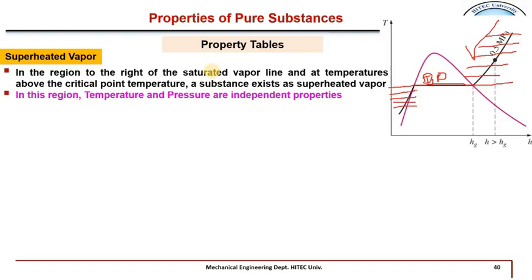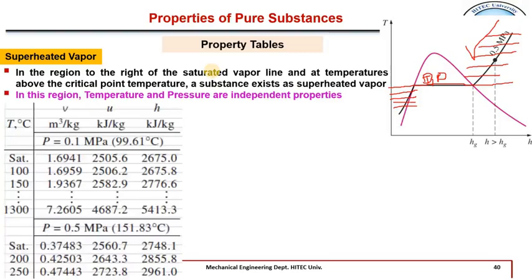Now the superheated vapor table is different from the saturated vapor table. In the saturated table, you saw there was vf, vg, uf, ug, hf, hg. But here you have only v, only u, only h, or only entropy s, because in this region, for any particular temperature and pressure, there is one fixed v.